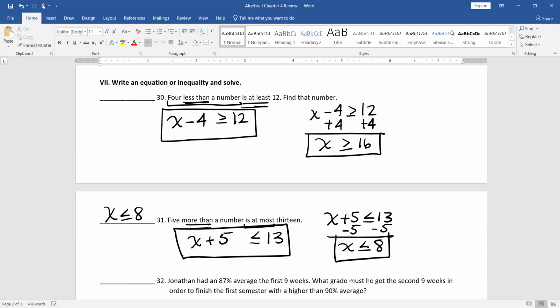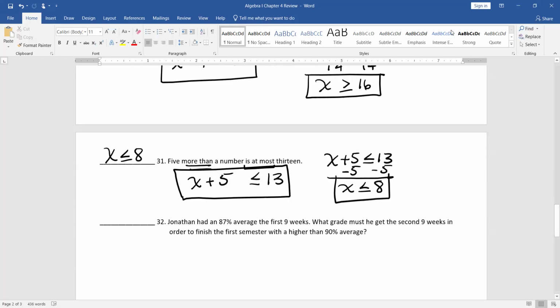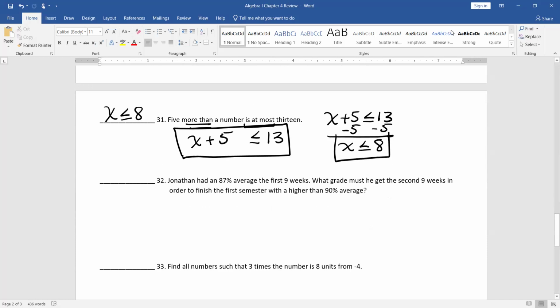All right, so now we're into the word problem part. Jonathan had an 87% average the first 9 weeks. What grade must he get the second 9 weeks in order to finish the first semester with a higher than 90% average? So we know that higher than 90% means that we're looking at an inequality.